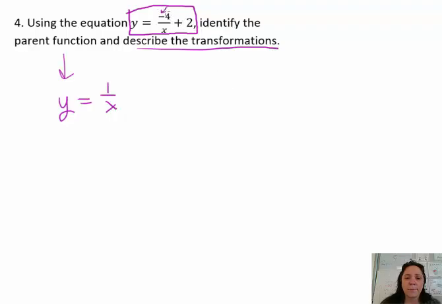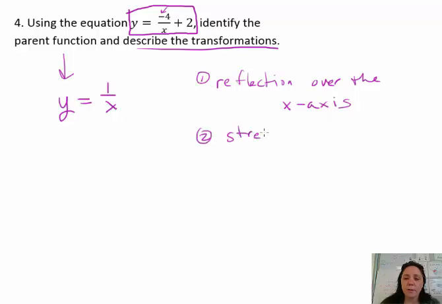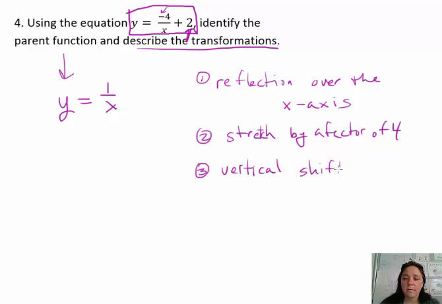Well, we have a reflection over the x-axis, we have a stretch by a factor of 4, and we're going to have a vertical shift up 2. And those are all our transformations.